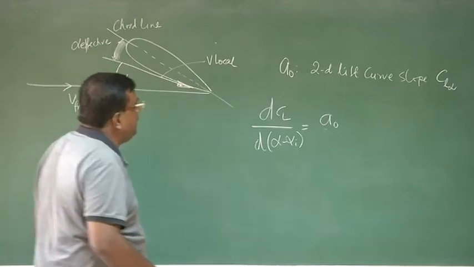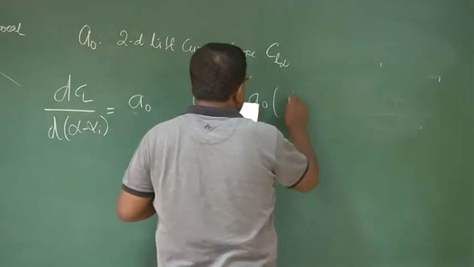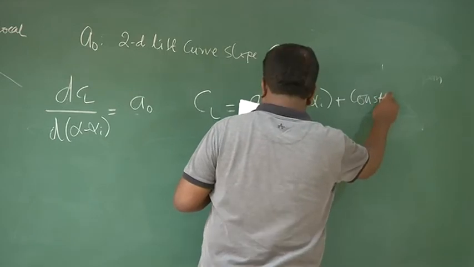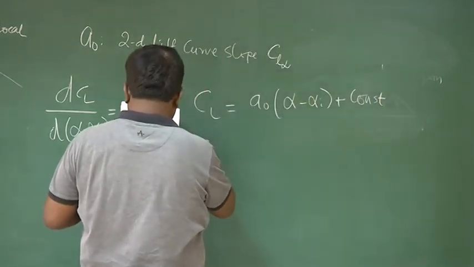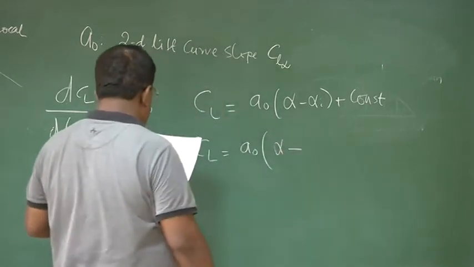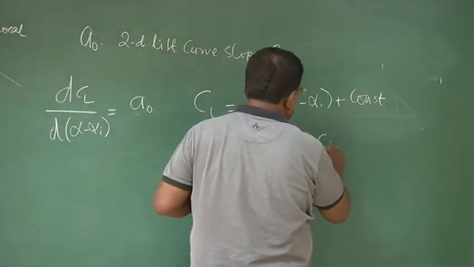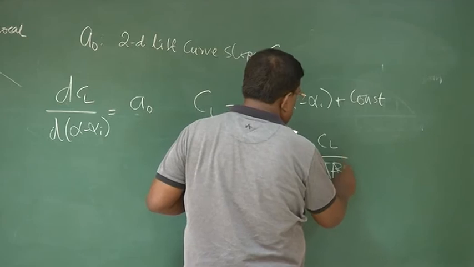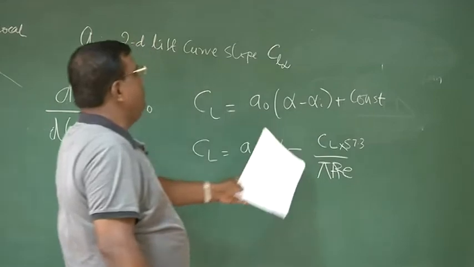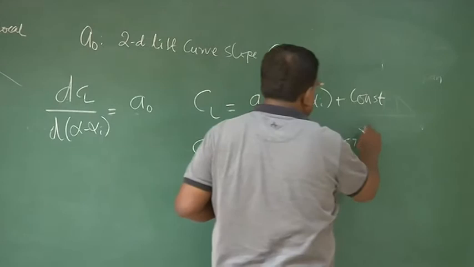If that is A naught, then I can write CL equal to A naught times (alpha minus alpha I) plus constant. Okay. For alpha I I put the expression which I have written earlier, which is CL by pi aspect ratio E, multiplied by 57.3 to convert this value from radian to degree, right? And then plus constant.